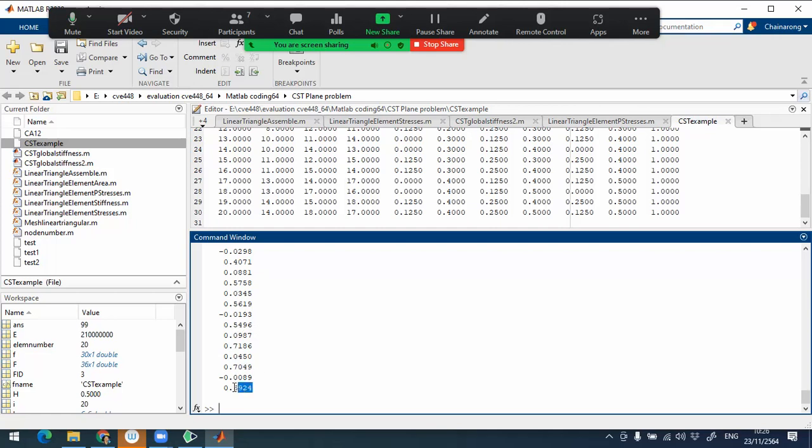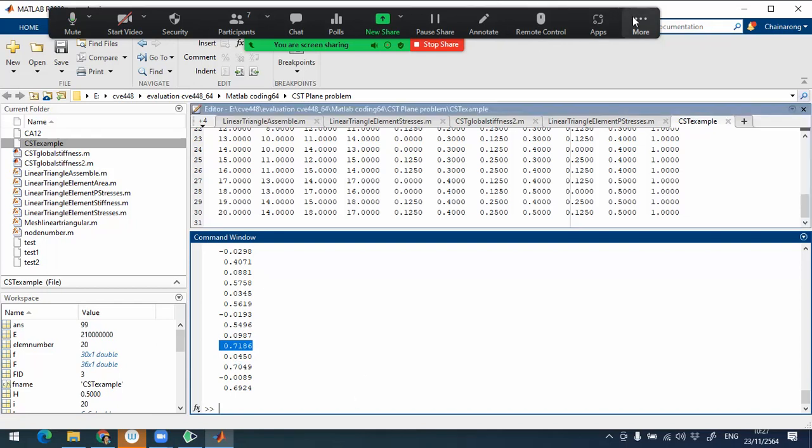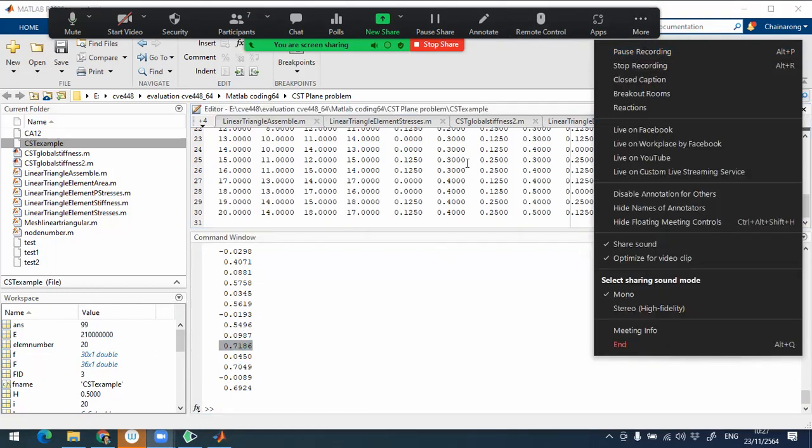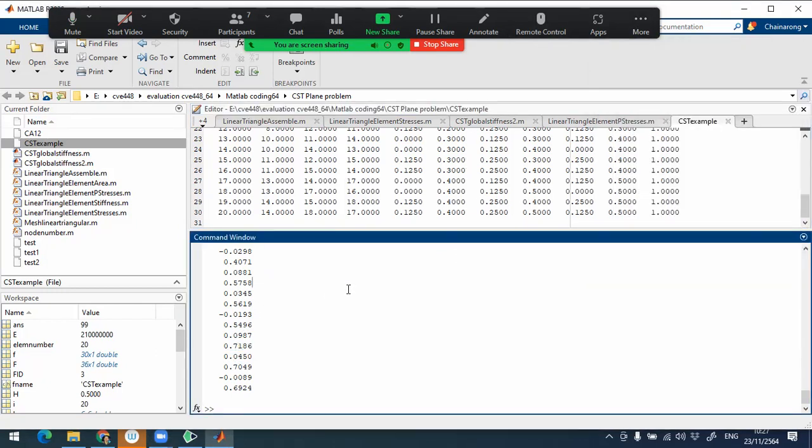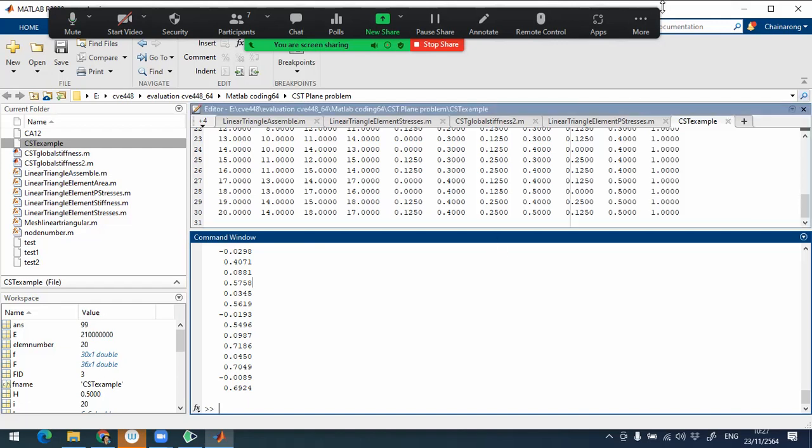For the last one, it is 0.924. This is the middle node, equal to 0.7049, and this is 0.7186. Okay, so what happened? What do you think? It's still not equivalent to the exact solution, right?